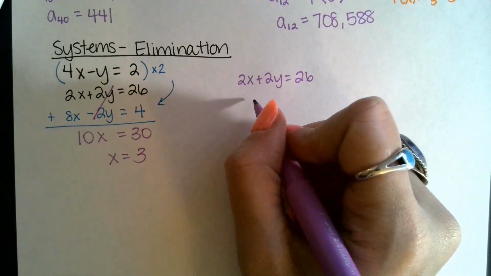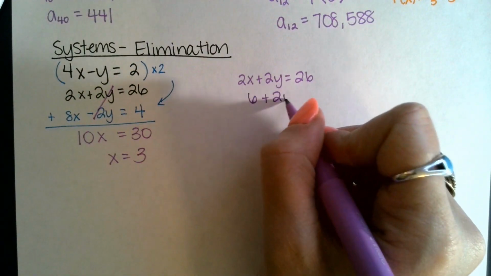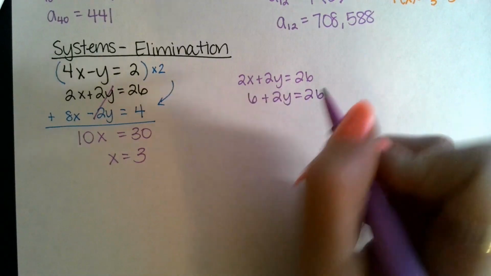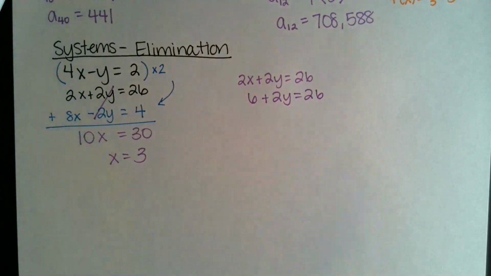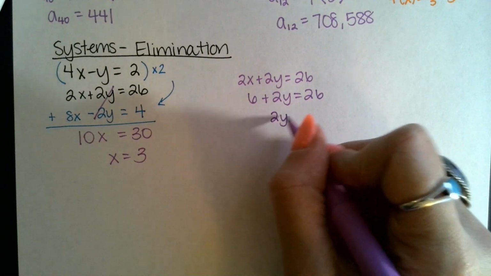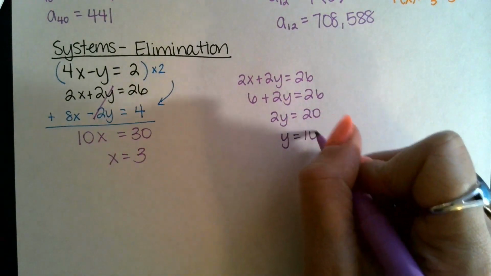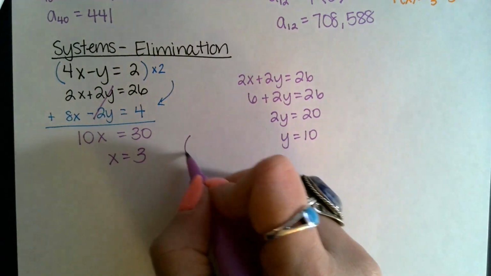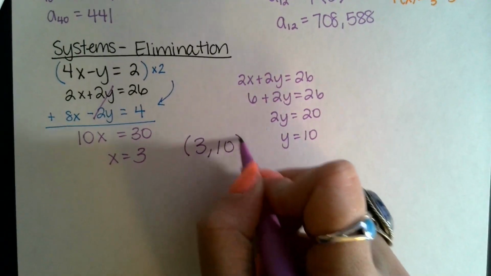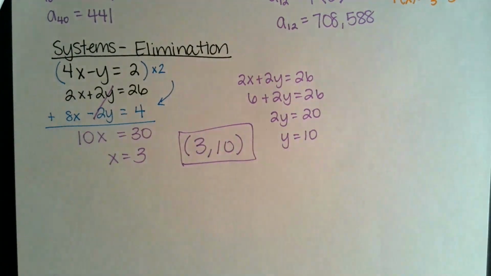So 2 times 3 is 6 plus 2y equals 26, which means 2y equals 20, y equals 10. Final answer is an ordered pair.